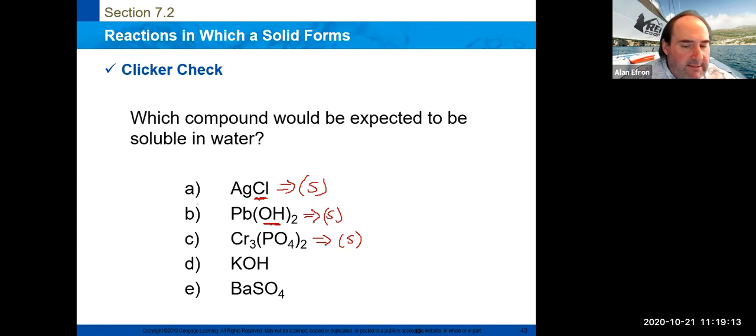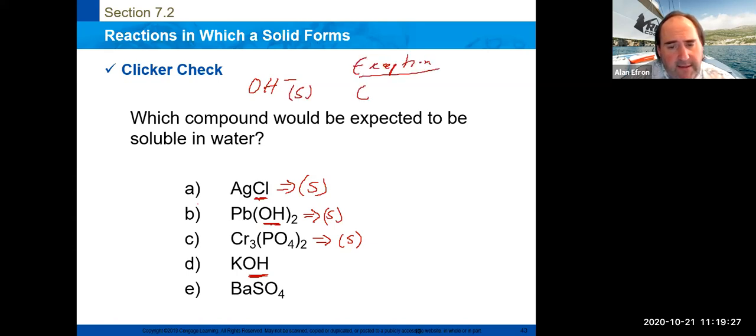Looking here, hydroxide, also on the bottom in terms of it being a solid, is pretty much normally going to be solid. An exception would be anything from group 1, for example, and group 1 on the periodic table does include potassium. So instead of being a solid, this one would become aqueous.